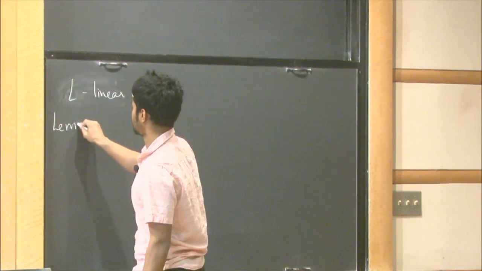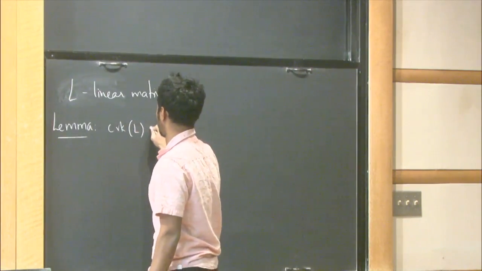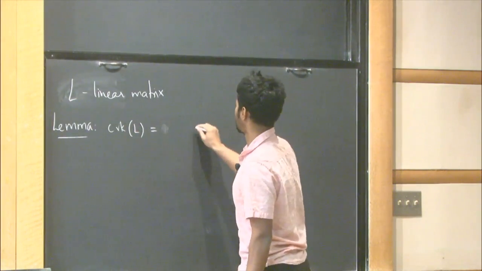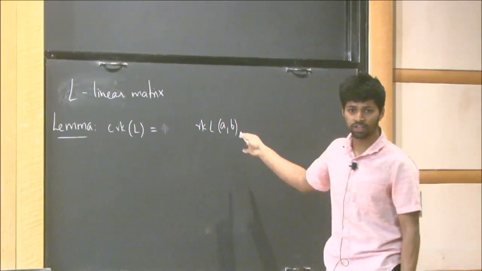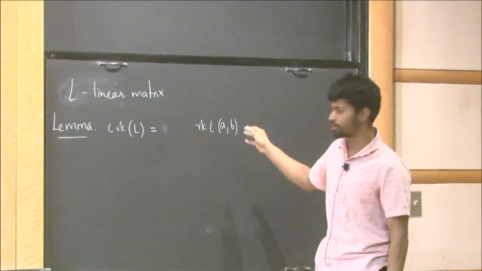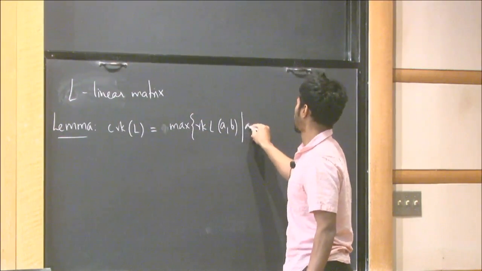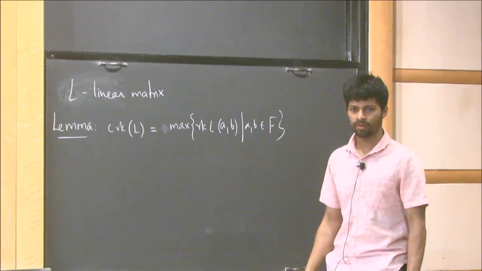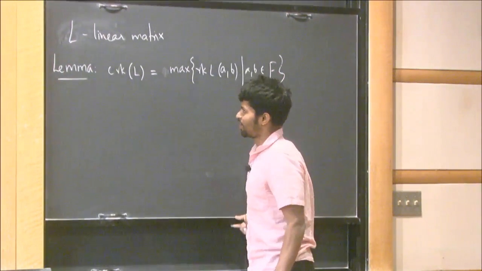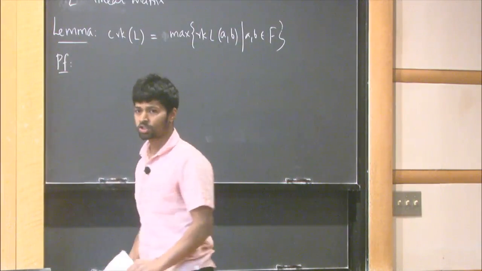And I'm giving you a lemma which says that to get the commutative rank of L, I can look at the rank when I plug in values for T1 and T2, and I take the maximum. This has not a hard proof, and the proof goes by minors.